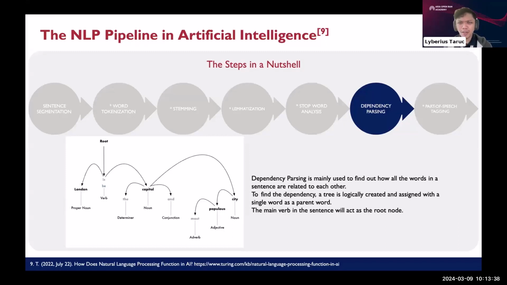Make sense? So apart from that, through dependency parsing, you also need to make sense of how other stop words are associated to the main important words themselves. So taking here the example of capital, we know that it is connected to the word the and the word and. We know that the word the is the determiner and the word and is the conjunction.